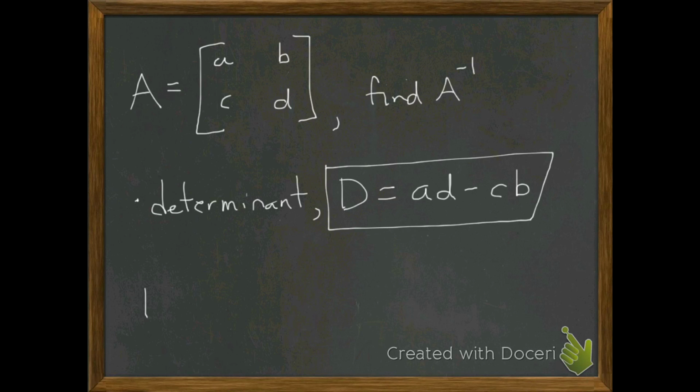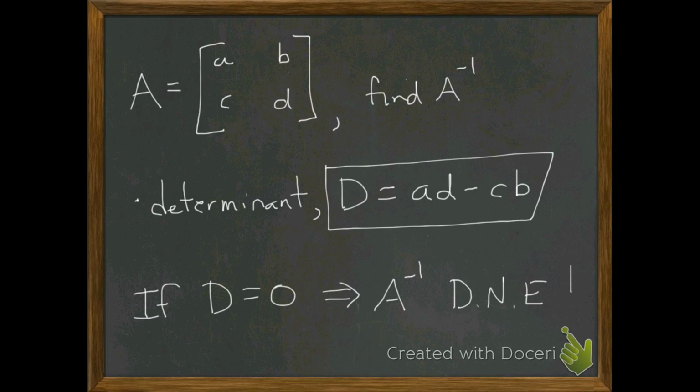If our determinant is equal to 0, then the inverse does not exist. So for our calculations, we have to assume that we do not have a determinant equal to 0 when we're calculating the A inverse.